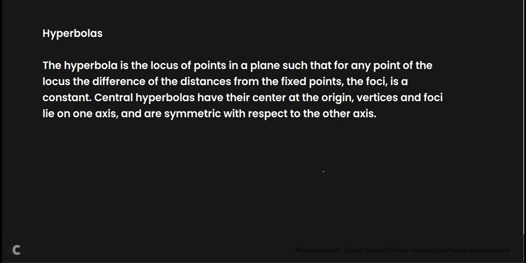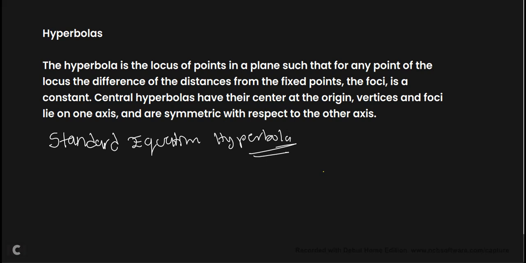So let's first write the standard equation of hyperbolas.